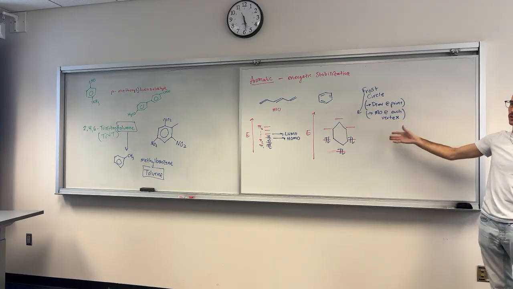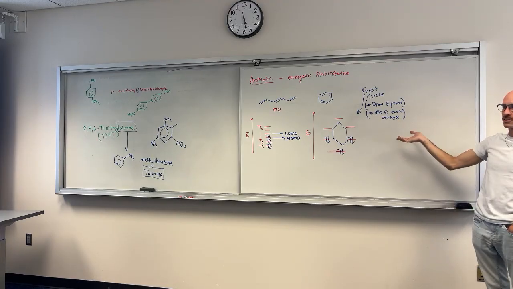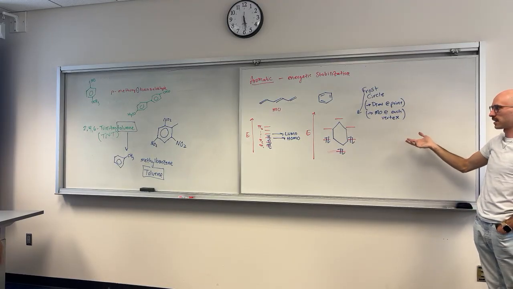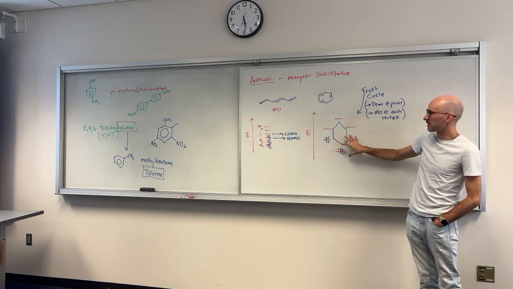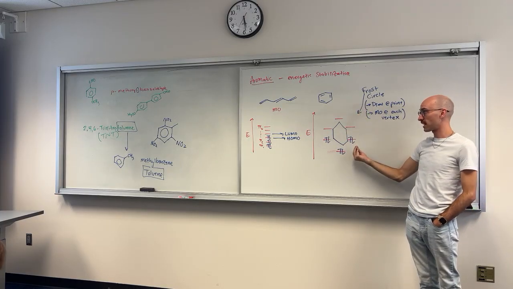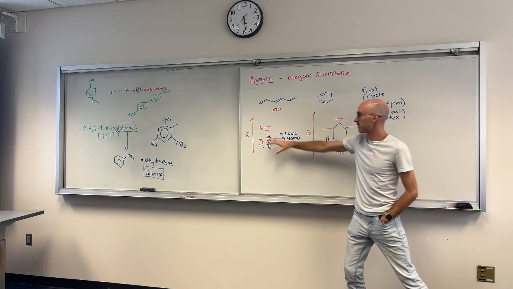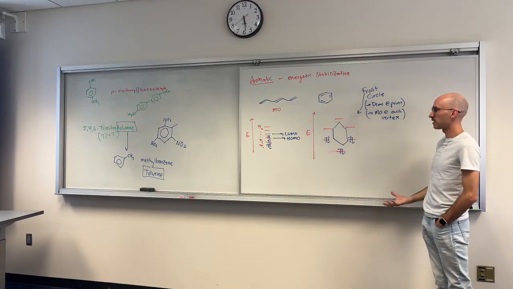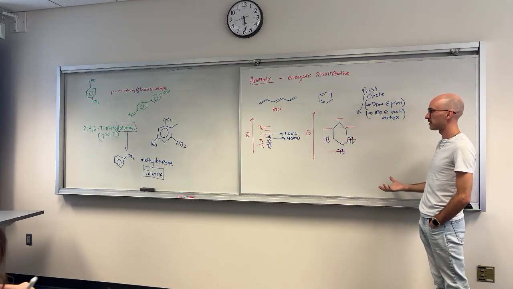Now, it's not intuitive, and it's beyond the scope of our class to try and make sense of it. But having this design actually provides more stabilization than having this design. I wish I had an easy way to explain it. I haven't found that easy way yet.